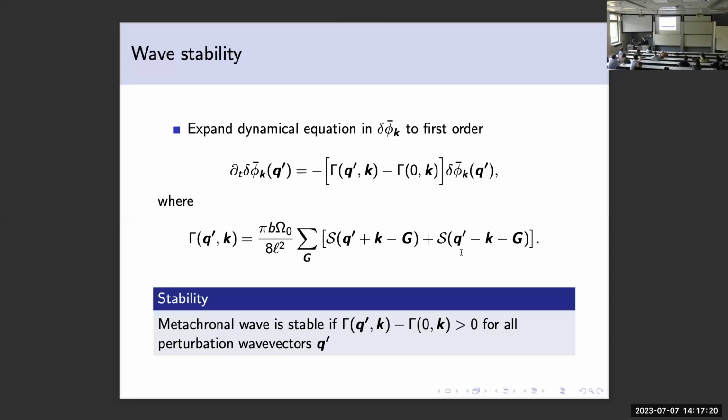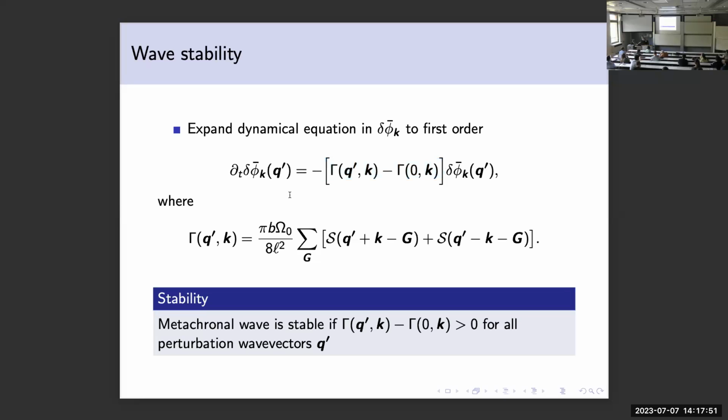In order to look at the stability, we expand the dynamical equations. So we put that wave ansatz back in, but now we go to first order in this perturbation. And then we get this equation here. This is the Fourier transform of the perturbation. We've got a time evolution equation for this, and we've got this prefactor, which we can look at and ask whether it's negative or positive to say whether the perturbation grows or shrinks.